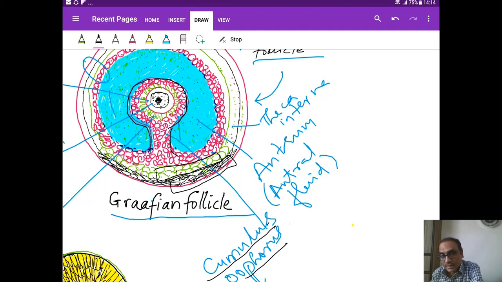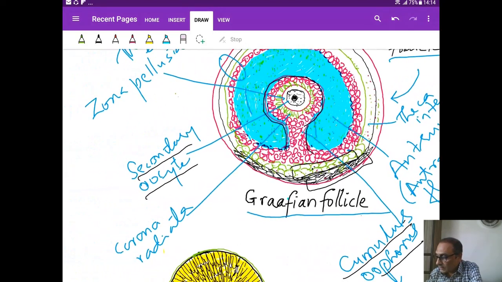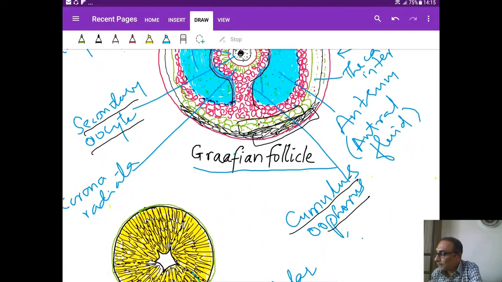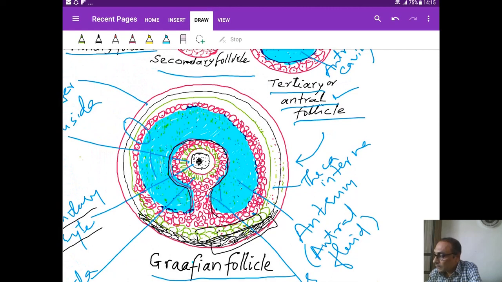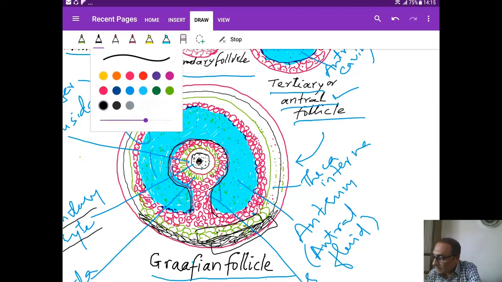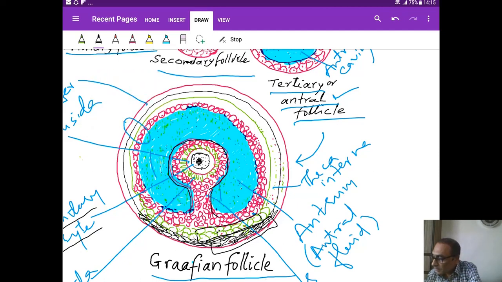Outer one is theca externa, inner one is theca interna, and then the innermost layer is granulosa. Innermost layer is granulosa layer. So this is granulosa layer.